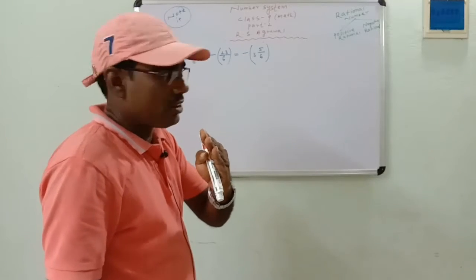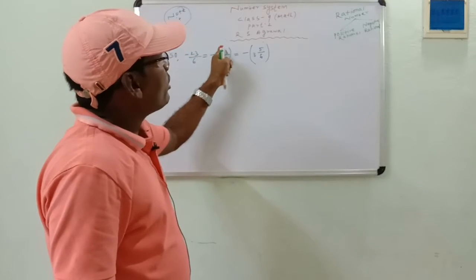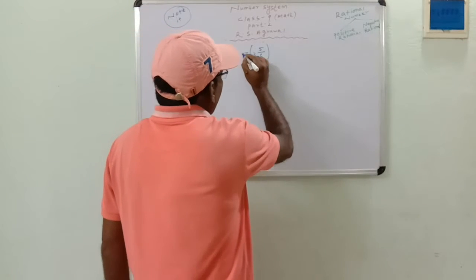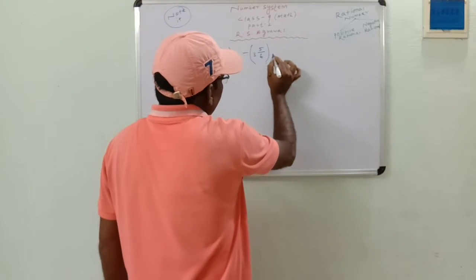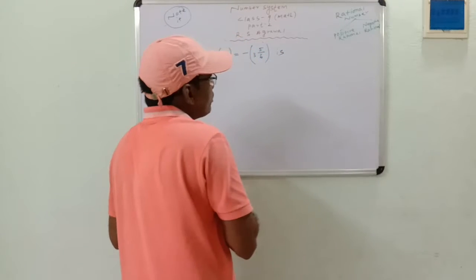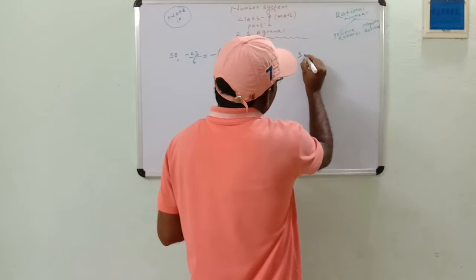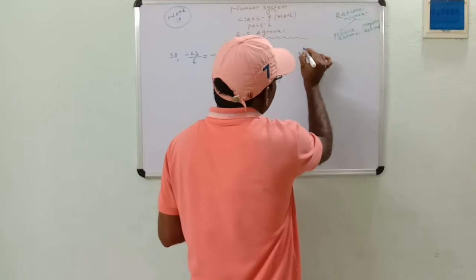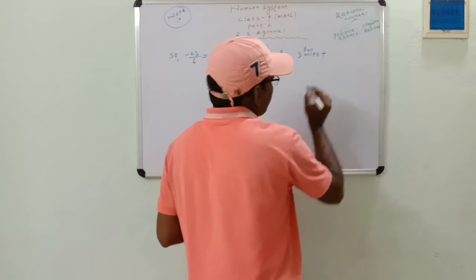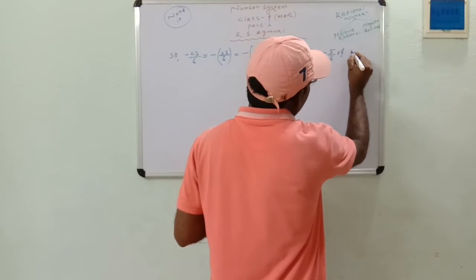Then 23 by 6, as it is improper, will be converted into mixed form. Now the meaning of minus 3 full 5 by 6 is 3 full units plus 5 by 6 of 1 full unit.